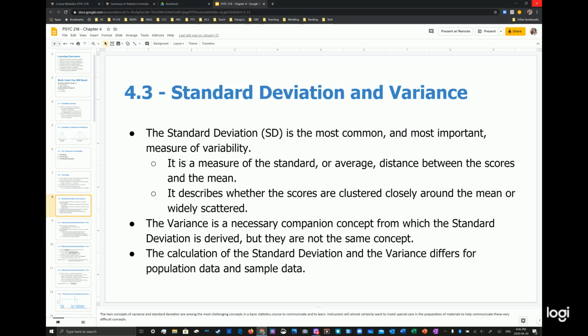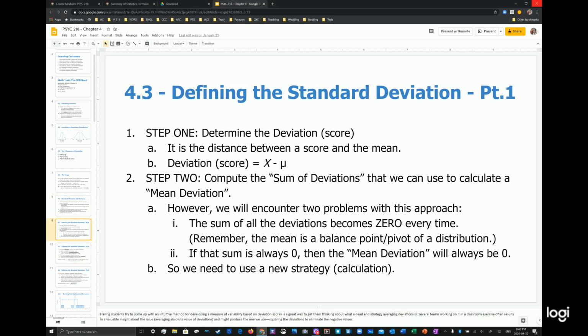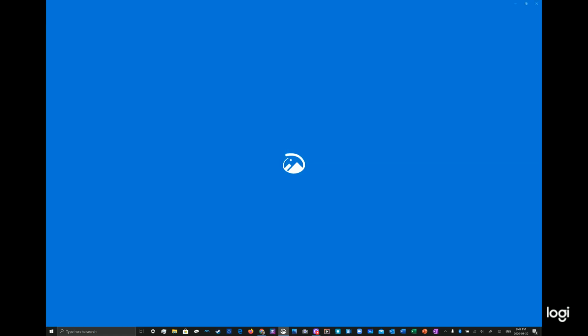So here we go. The next 3 slides then, which is the story of how or why we need to do certain steps, these 4 steps to get the standard deviation, so then we can start measuring variability in terms of referencing each score from the mean. So step 1.